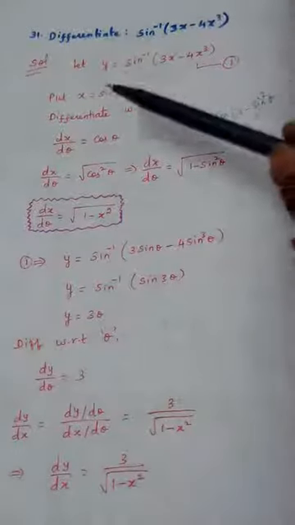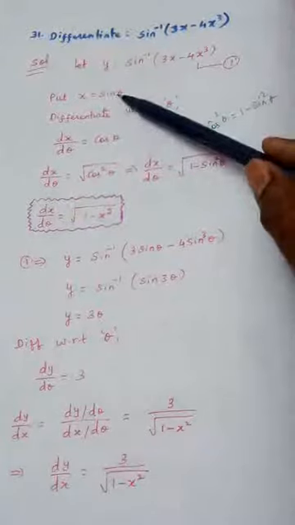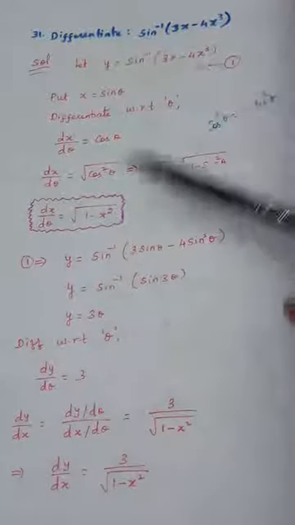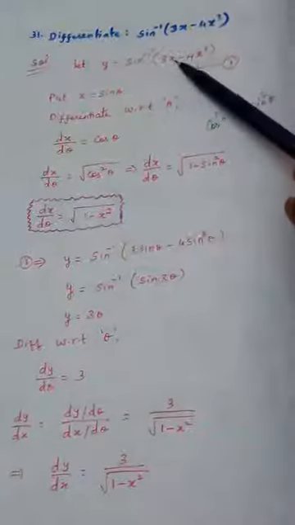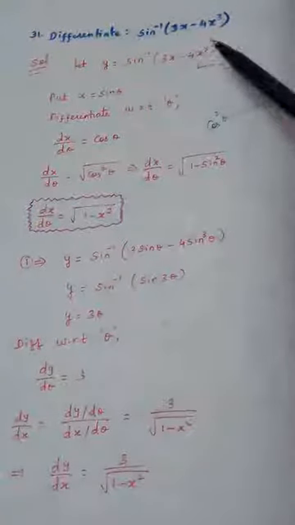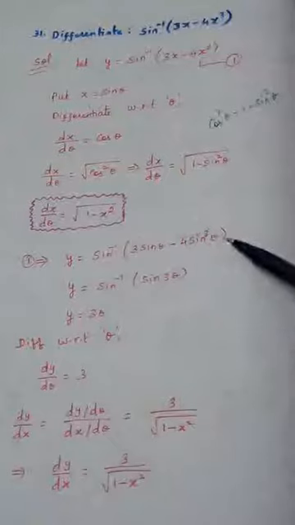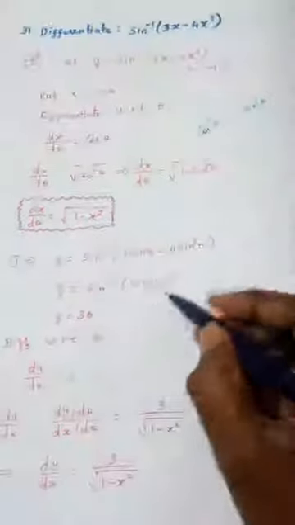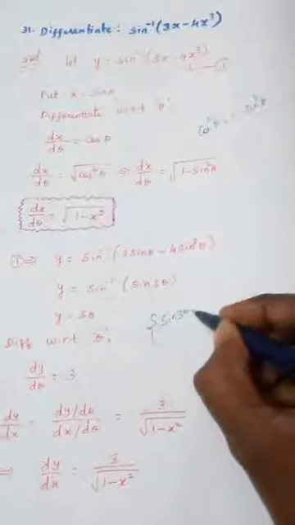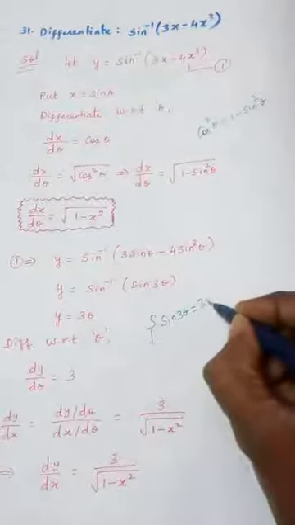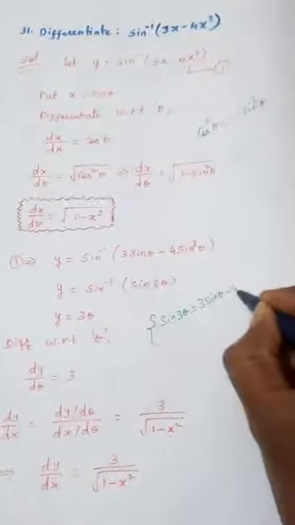Now the substitution we have taken, we should substitute in the first equation. So the first equation gives y is equal to sin inverse of 3, and in place of x put sin theta, so that this comes. And again we should know this trigonometric formula: sin 3 theta can be written as 3 sin theta minus 4 sin cube theta.